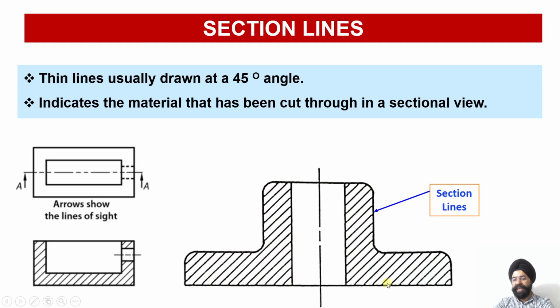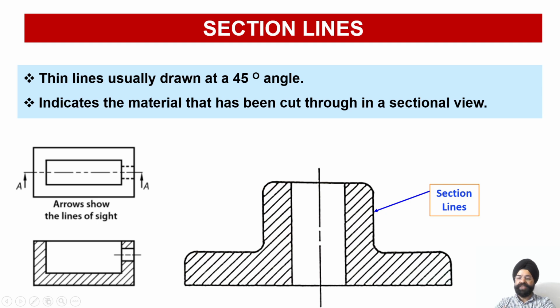So this is my base. My section lines will be 45 degrees inclined and they will be equidistant lines. You don't need to measure, but approximately they should be equispaced, and these will be thin lines. So the sectioning indicates that the material has been cut through to get a better view or better insight of the interior details of the object.